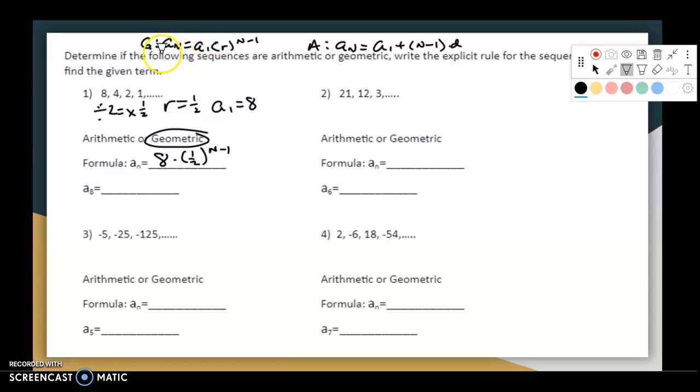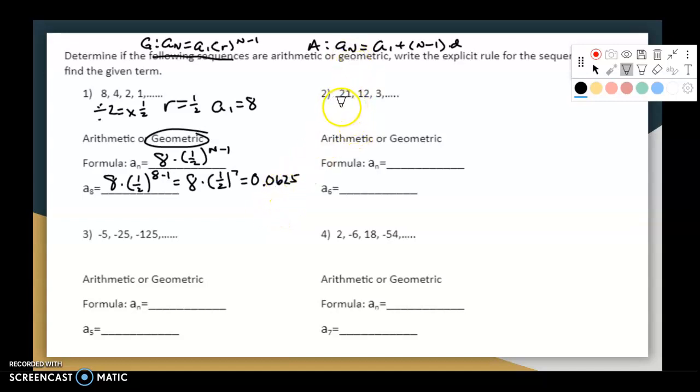Okay, I'm using my formula up here, and I'm just plugging in a1 and r. To find a8, I'd have to do 8 times 1/2 to the 8 minus 1. So 8 times 1/2 to the 7th, which will give me 0.0625 if I type it in the calculator. Okay, there's your answer to the first one.